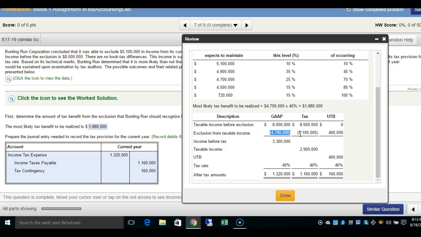But we're going to take $5,100,000 on our tax return. Therefore, we're going to report less taxable income of $2,900,000, apply the same tax rate, and our tax will be $1,160,000. That becomes our taxes payable.